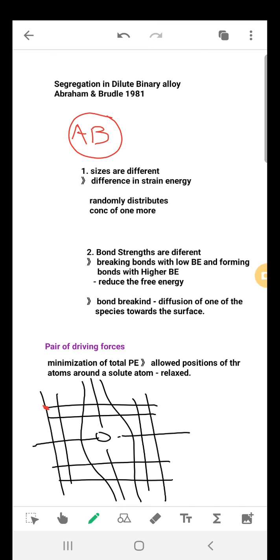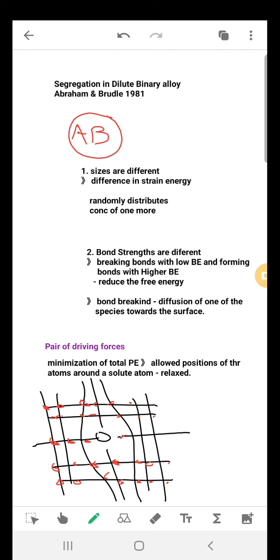So these are the solvent atoms. And the same thing can happen on the surface as well.